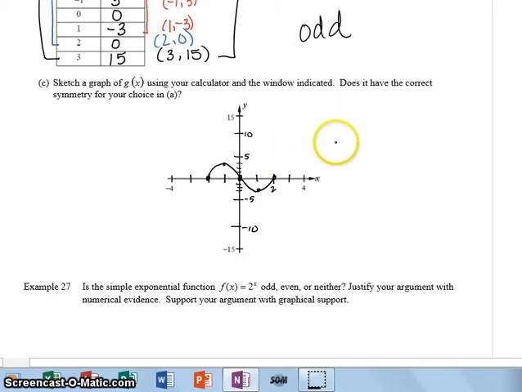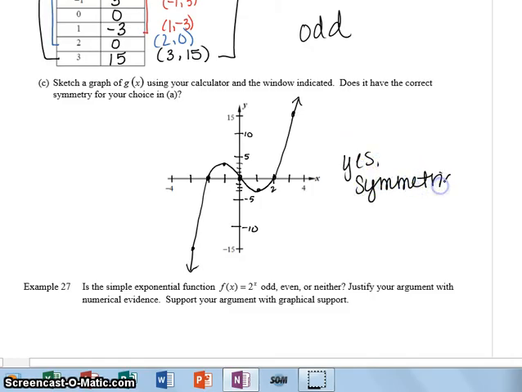And then I have 3, 15, which is here. But then I have 3, -15, which is down here. So yes, it's symmetric to the origin. That's why you knew it was odd.